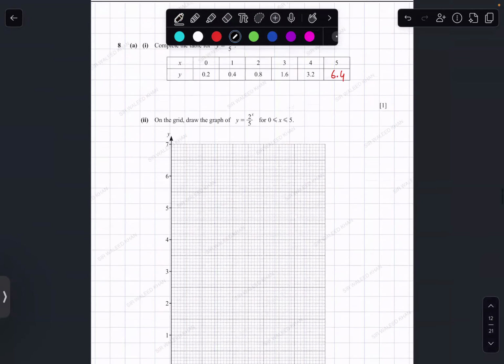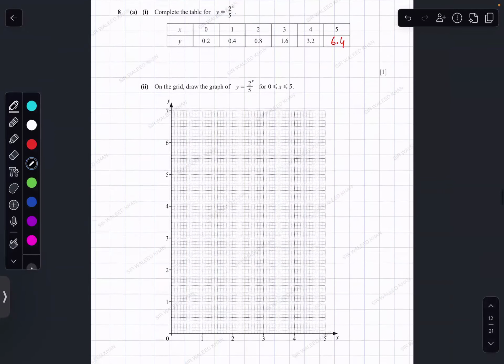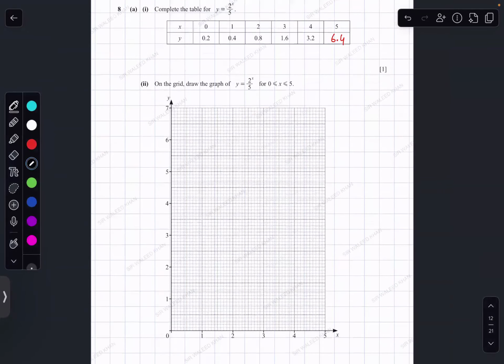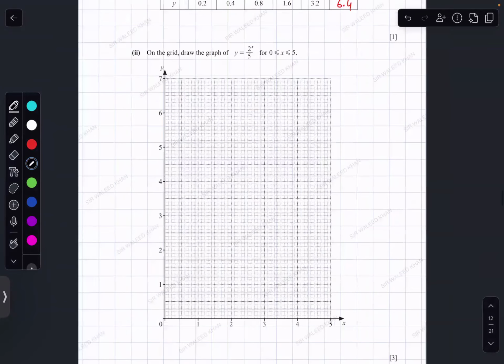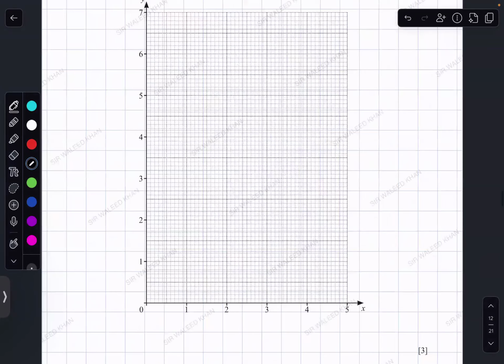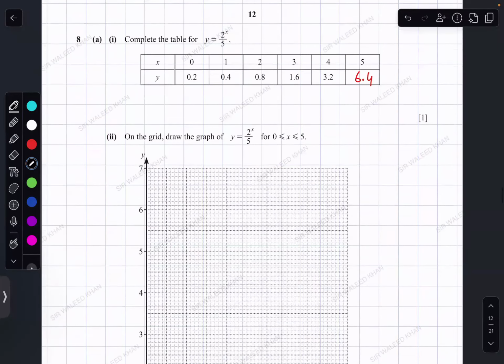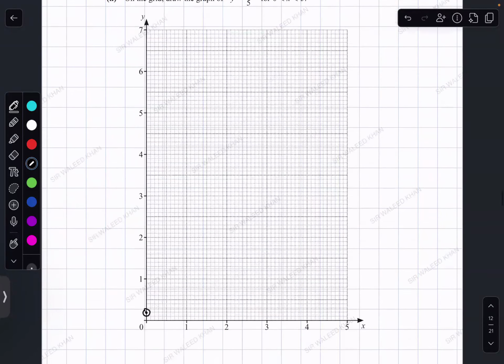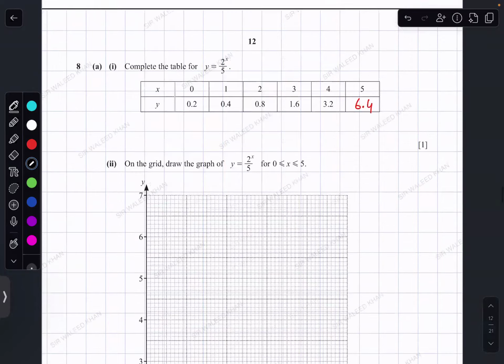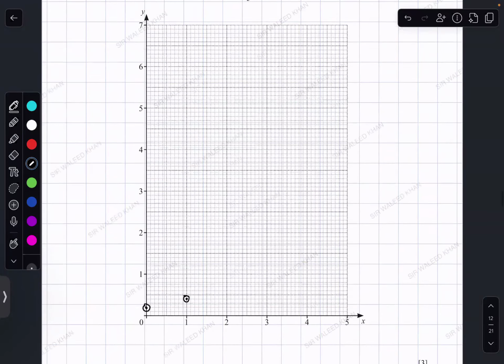Okay. So let's draw this graph as well. When x is 0, y is 0.2. So over here, when x is 1, 0.4. 2, 0.8.